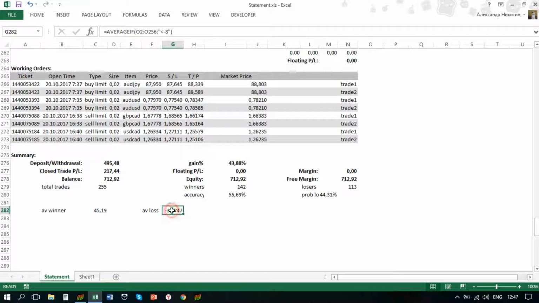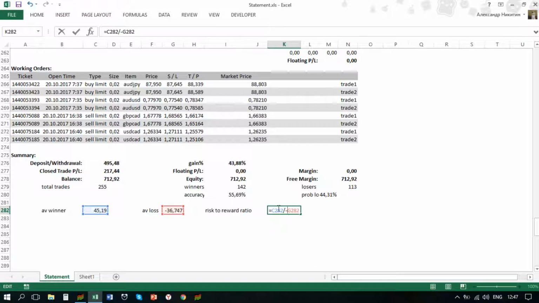Generate more, losing less. So what is my risk to reward? Risk to reward ratio. Actually, it is reward to risk, but it doesn't actually matter that much. It equals winner divided by loser. And you see the loser is negative, yes, and risk to reward should stay always positive.